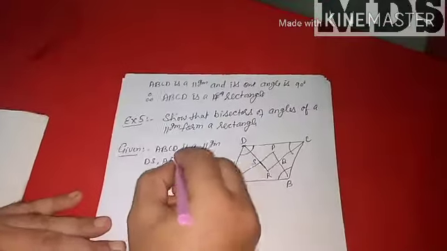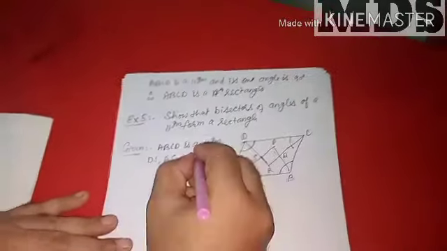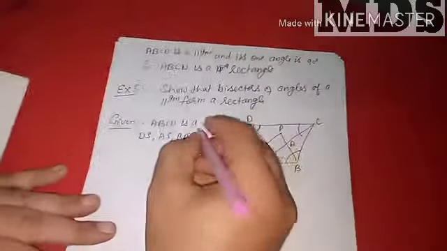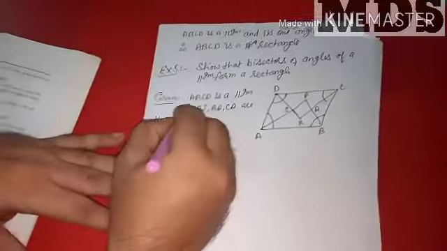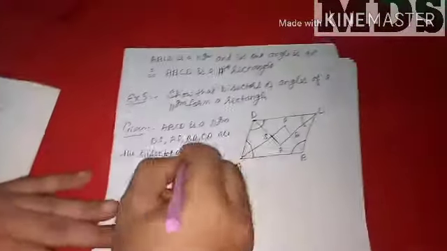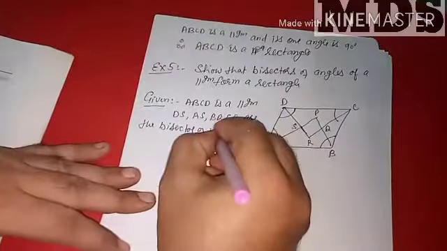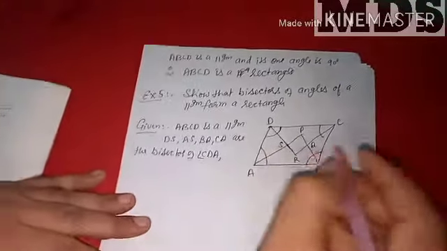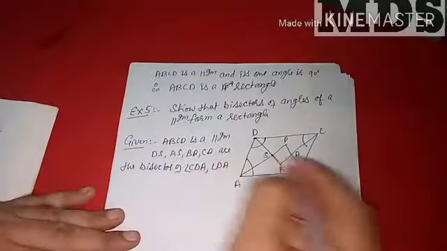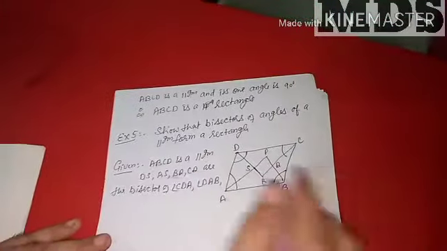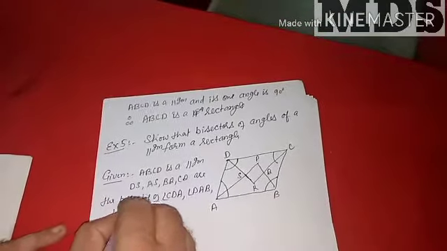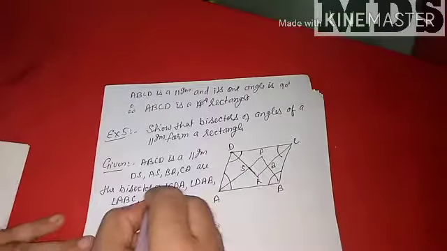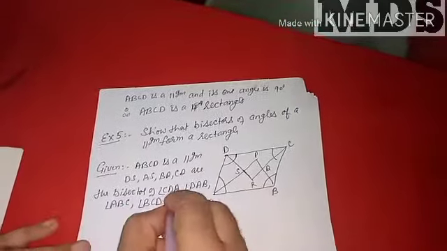DS, AS, BQ, CQ are the bisectors of angle CDA, DAB, ABC, BCD respectively.